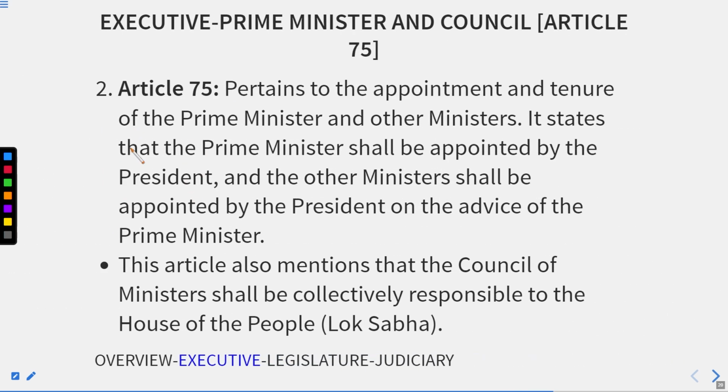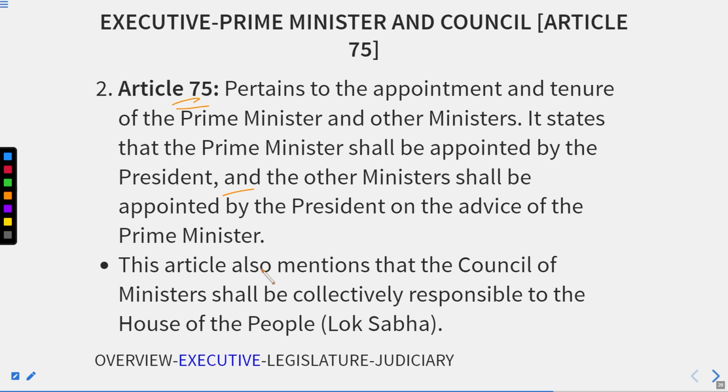Okay, thereafter we have the article number 75, pertains to the appointment and tenure of the Prime Minister and other ministers. State that the Prime Minister shall be appointed by the President on the majority basis, and the other ministers shall be appointed by the President on the advice of the Prime Minister.